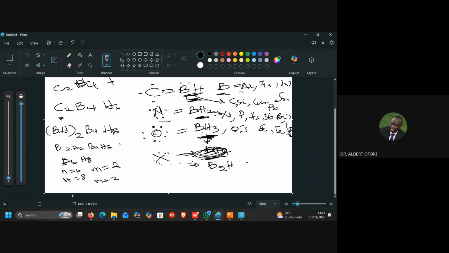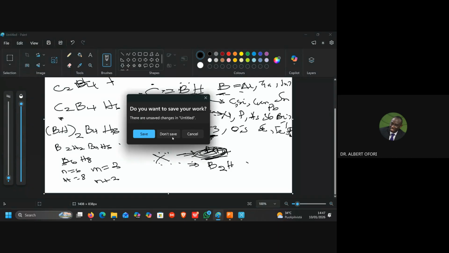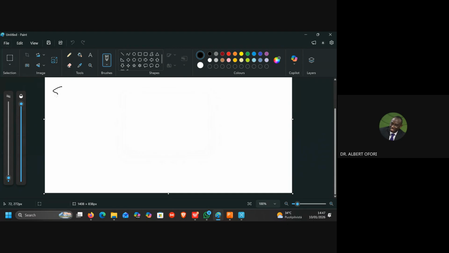Can we predict more? Let me give you another example that you try. Let's predict the shape for SB9H11. Can we predict what that shape will be like? Yes, if you finish, we try. So that's number 1.